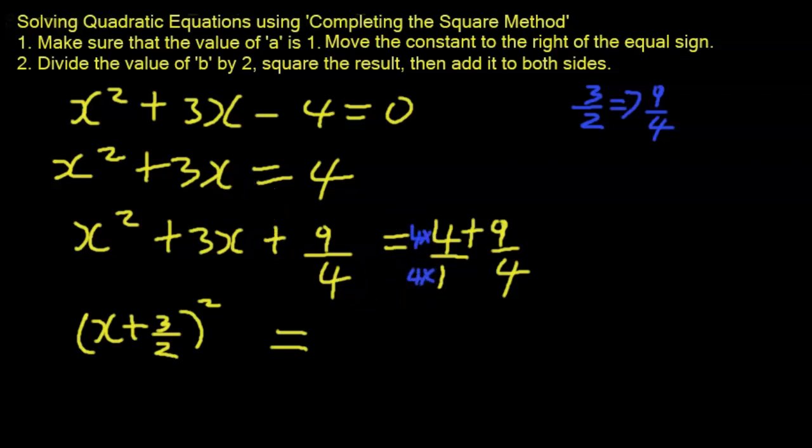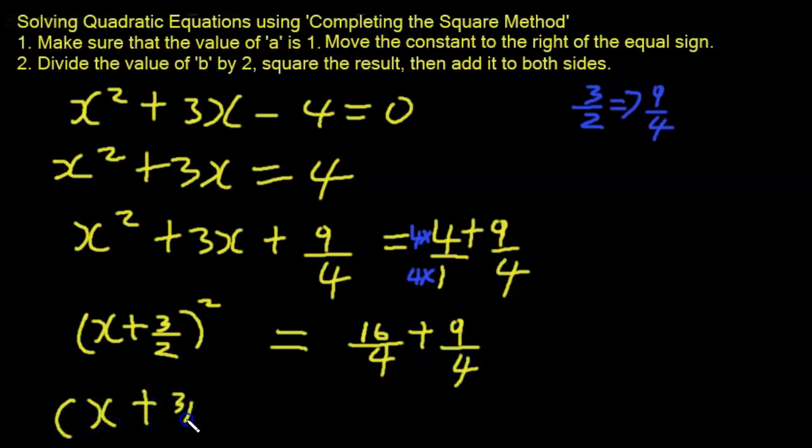So what we end up with is 4 times 4, that's 16 over 4, plus 9 over 4. So we have here x plus 3 over 2 all squared is equal to what? 16 plus 9? 25, so it's 25 over 4.